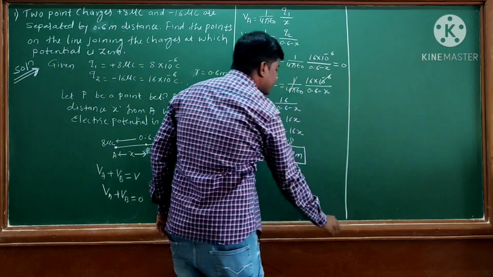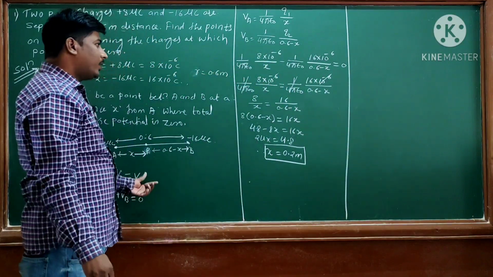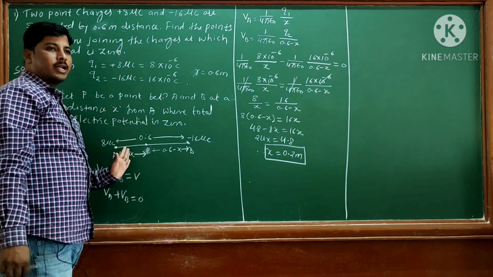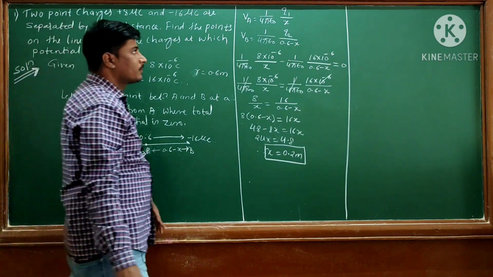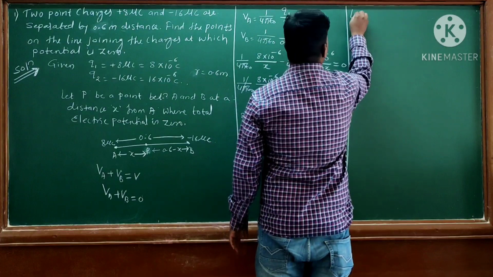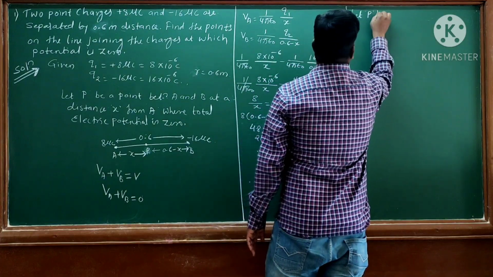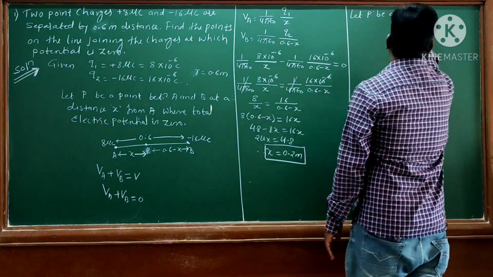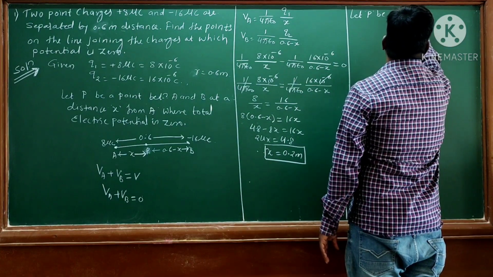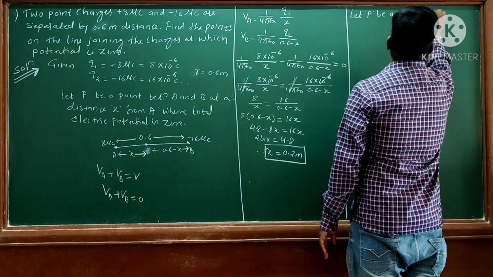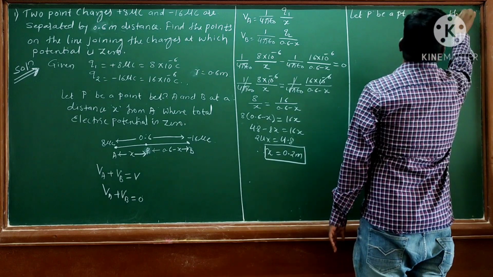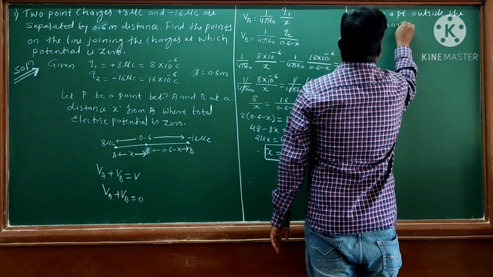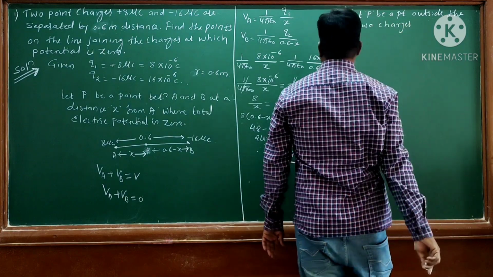Similarly, we have to find another point, that is point P lies outside the charges. Let P be a point outside the two charges.